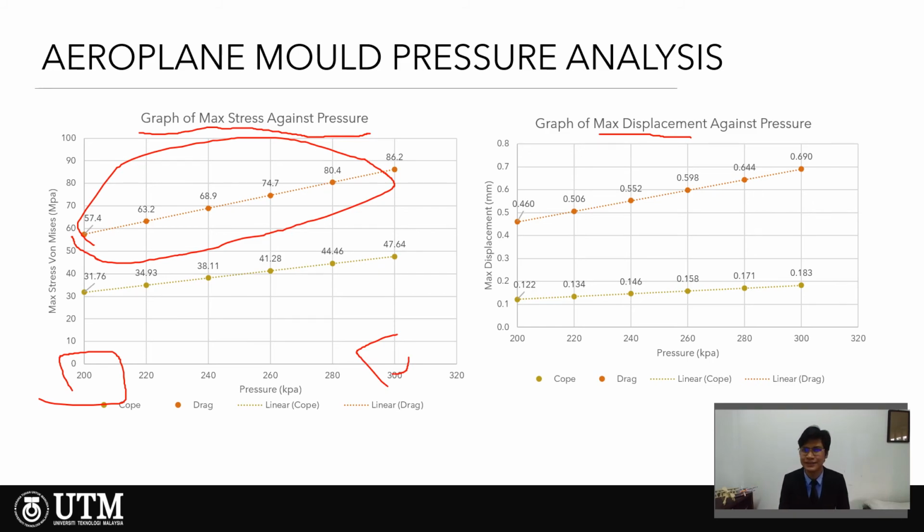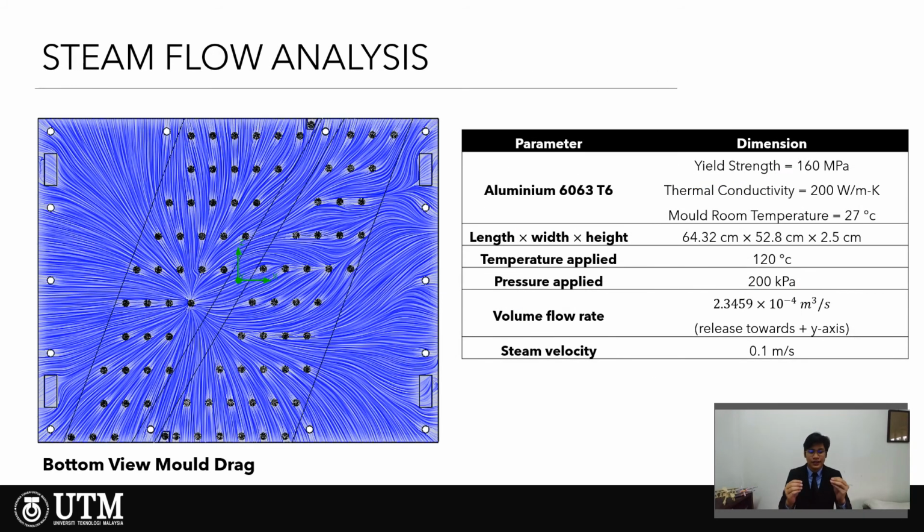Now we go to the steam flow analysis. On the steam flow, we subjected a steam velocity of 0.1 at a temperature of 120 degrees Celsius and 200 kilopascal. You can see steam flowing from the bottom of the mold because the steam will flow up and then go into the mold and expand the beads.